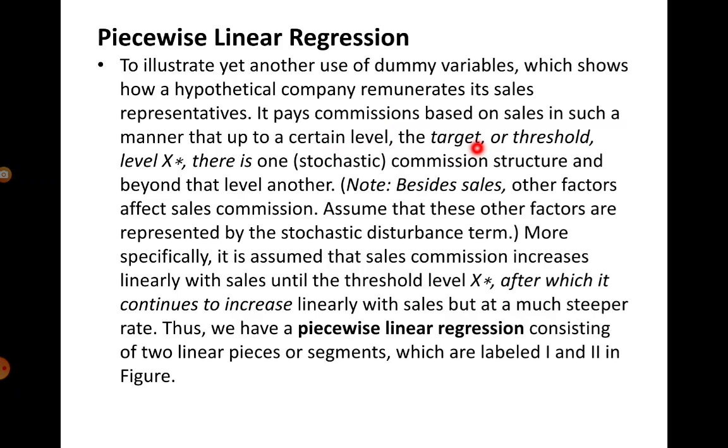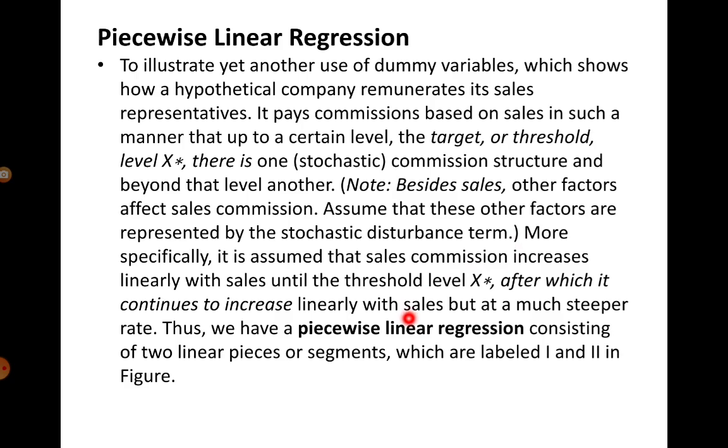Beyond X star, that is, if the sales reported successfully by the salesman exceeds this threshold level of X star, the commission structure undergoes a very definite change. Okay, so that's a hypothetical company which has a certain pattern for awarding compensation till X star, and beyond X star, the pattern of compensation totally changes.